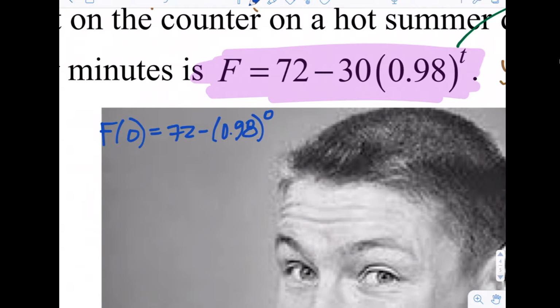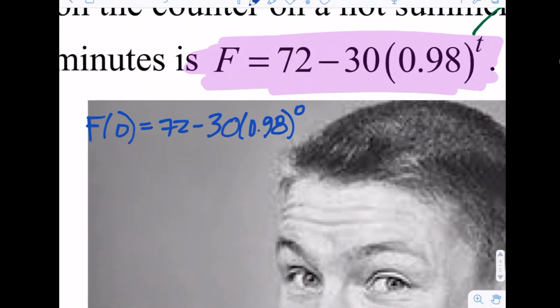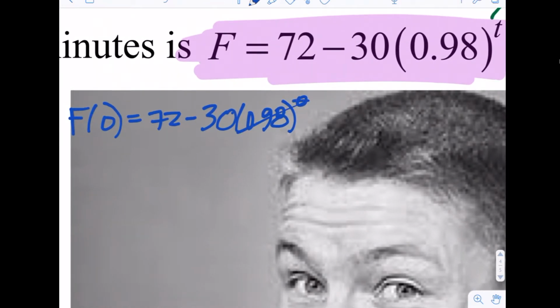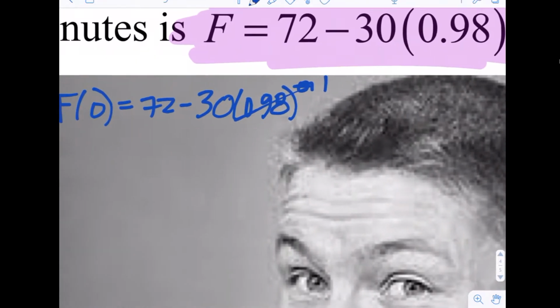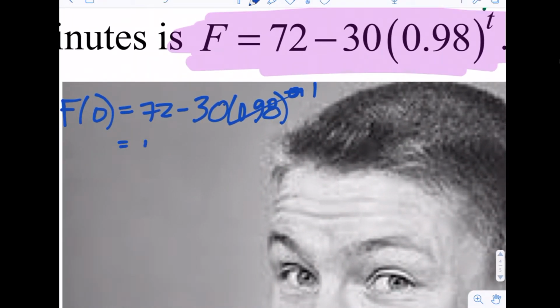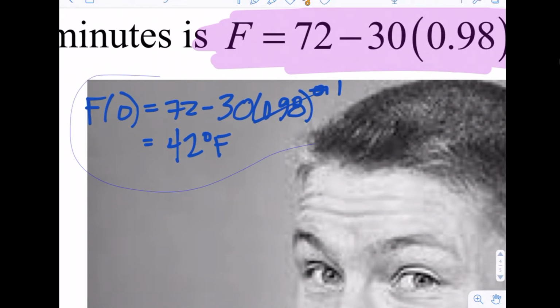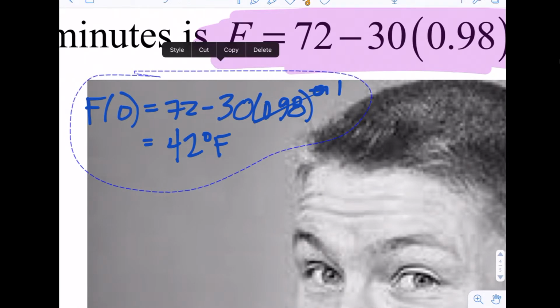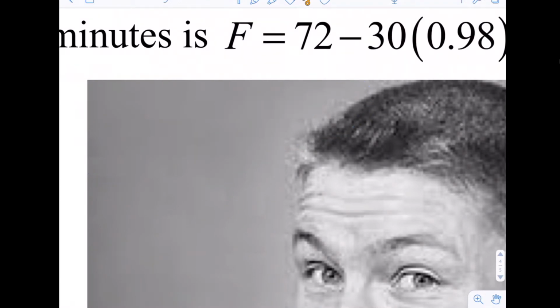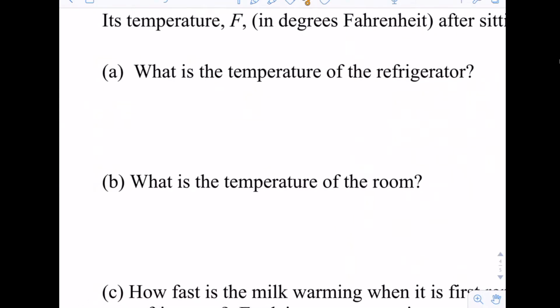I forgot the 30. Oops, that's a big part of it. Okay, what is 0.98 to the 0 power? 1. So we get 72 minus 30, which is what? 42 degrees Fahrenheit. That is the temperature of the refrigerator. Is that a good temperature for the refrigerator?